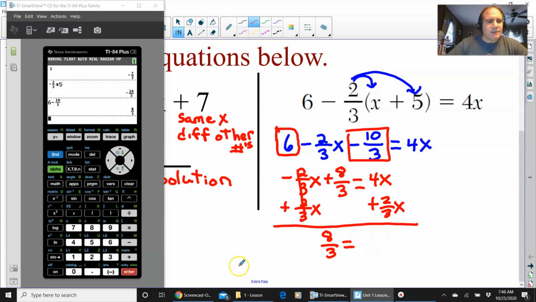So let's see what the calculator gives me. 4 plus, and I'm going to put alpha x, 2/3. Let's see what the calculator pops out. 14/3. So that is important. 14/3 x.